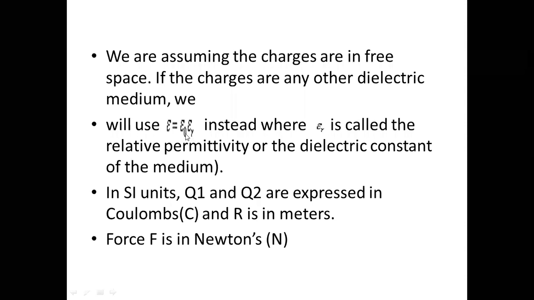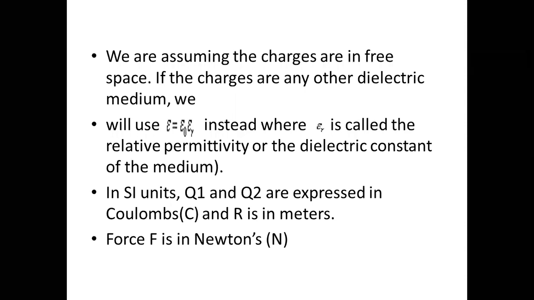Here epsilon 0 is the permittivity of free space, and epsilon r is called the relative permittivity or the dielectric constant. All of you get it? So whenever your charge is placed in free space, you write epsilon 0.